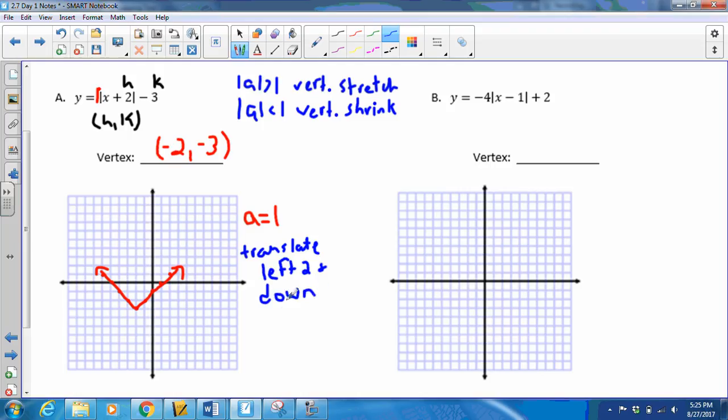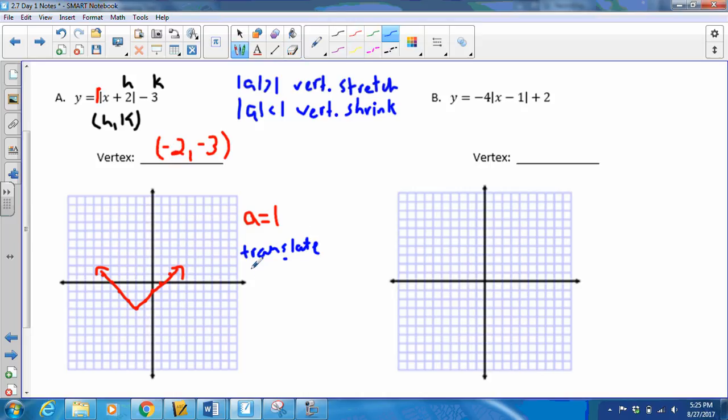There you go. Now, some other vocabulary you might see is a horizontal shift. Basically, remember horizontal means side to side. So left 2 can also mean a horizontal shift of 2. So you can also write that. I'll put that in parentheses so you know there are different ways of writing this.